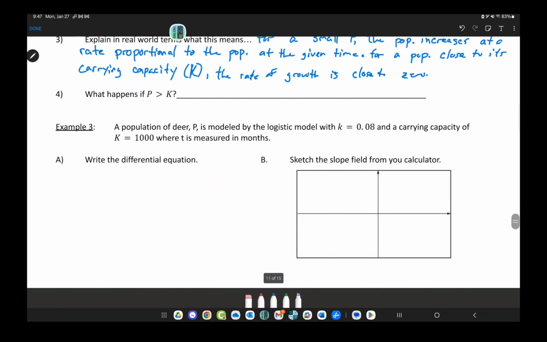All right, so what happens when P is greater than K? In this case, it'll have a negative growth rate. Now, does that mean it's slowing down, or does it mean that it's actually reversed? That means that it is actually decreasing, yeah. At that point, a lot of things go into that.